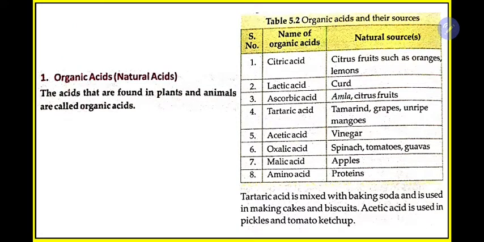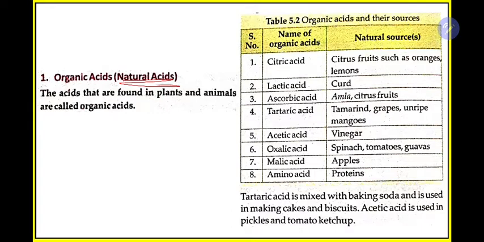Start with organic acid. Organic acids are known as natural acids, because they are occurring in all natural substances such as lemon. You are not preparing lemon, right? The plant is giving you lemon, the nature is producing lemon, right?